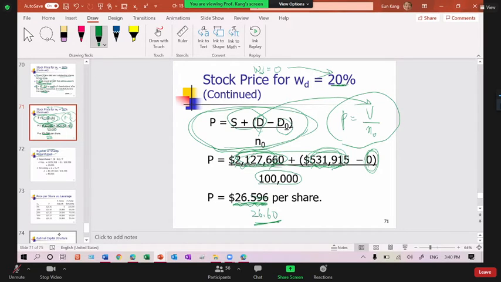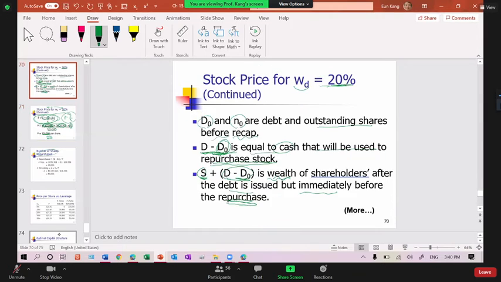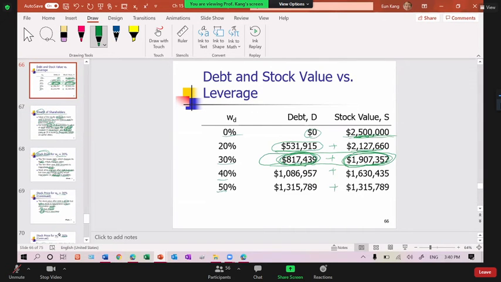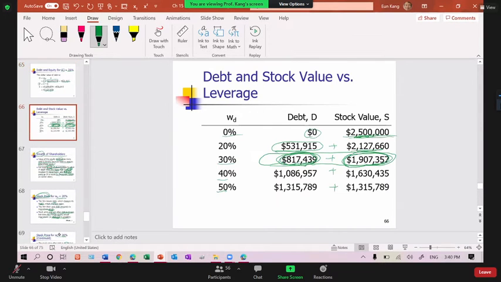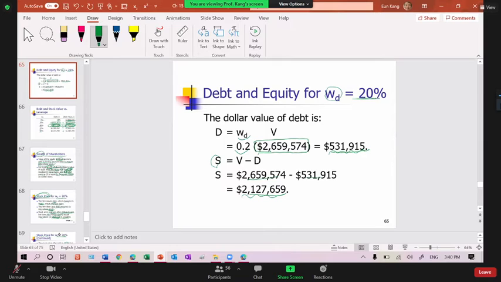That one is 212,760. Where is it? 212,760. Let's check. 21... Oh, 659. You're correct. Okay, it's just off by one. Yeah, that's good. You can be a good financial manager. Yeah, that's a discrepancy. I agree.